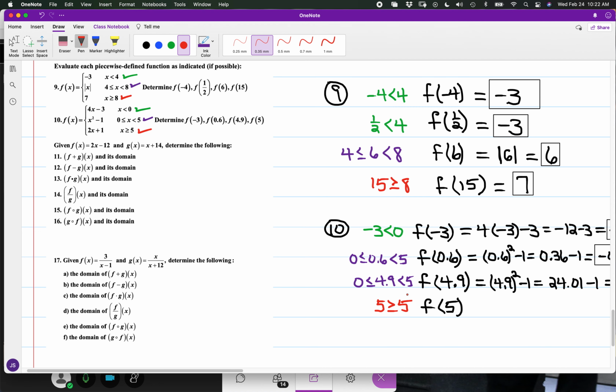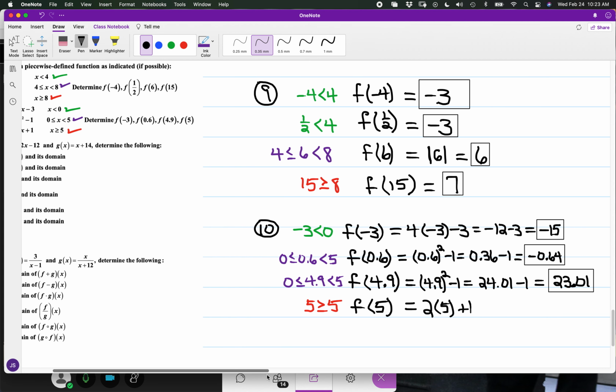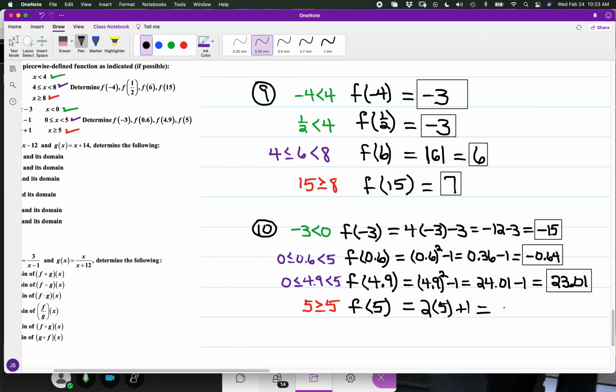And so for this piecewise defined function, for any input that is 5 or greater, it will receive the 2x plus 1 treatment. So here we'll have 2 times 5 plus 1. We have 2 times 5 is 10, and 10 plus 1 comes out to 11. So we have, when x is 5, y is equal to 11.